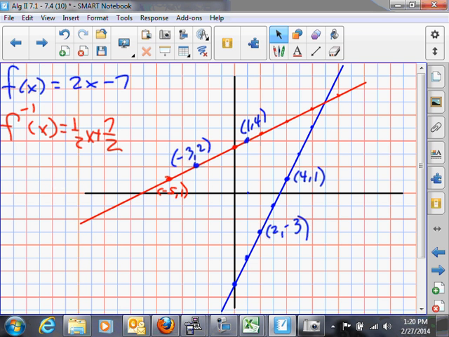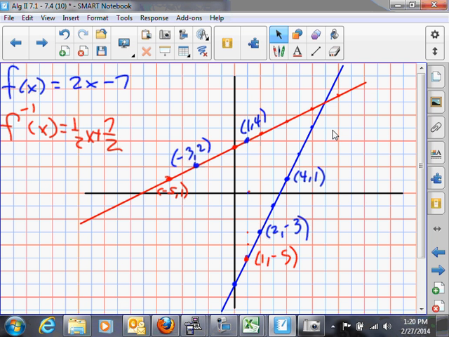So how about (1, -5)? So if we go 1 to the right, 1, 2, 3, 4, 5. Yes, okay, good, (1, -5). So if a point is on the blue line, then when you swap the x and y, that point is on the red line. And if a point is on the red line, if you swap the x and y, that point is on the blue line.